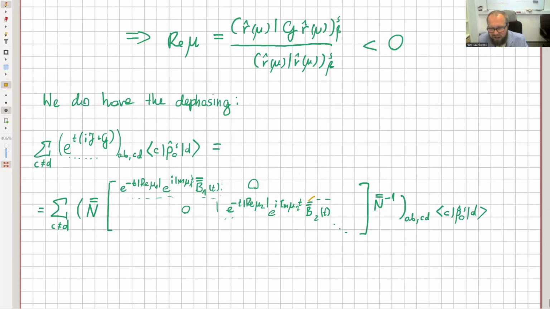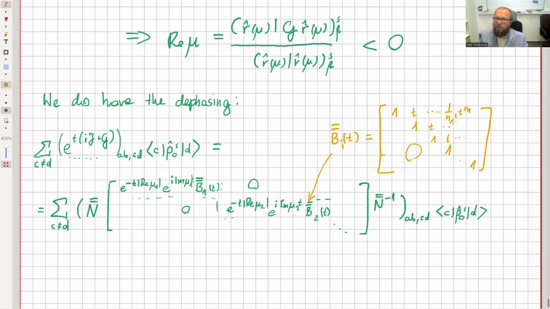It's a compact way of writing. So B_i of t, think of it as 1, t, up to t to the n_i over n_i factorial, where n_i is the degree of degeneracy of eigenvalue mu_i, then 1, t, and so on, 1, t, until you reach the bottom corner.